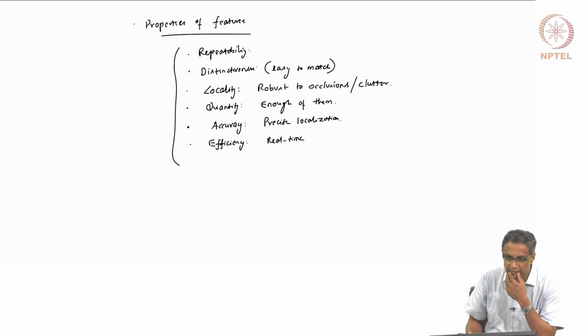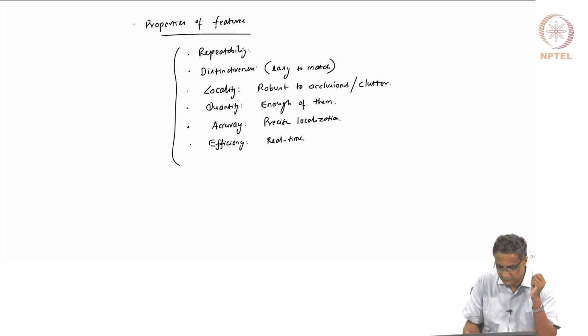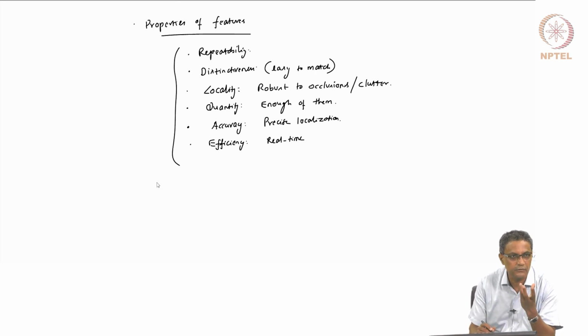Now there is some invariance that we expect out of features. There is something called invariance and something called covariance, not the covariance that we talk about in statistics. These are covariant and invariant. What we believe is that changes in an image can occur due to two primary things. If you compare two images, something is not the same.